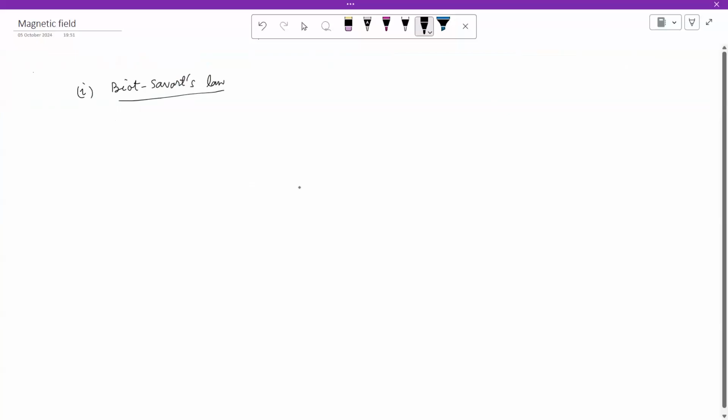So Biot-Savart's law, right? What does it say? It says that if you have a wire carrying a current, let's say the current is I, and you take some small portion of this wire, let's say this is dl. And you are measuring the magnetic field at this point. This is the distance r, and this is the angle theta between dl and r.